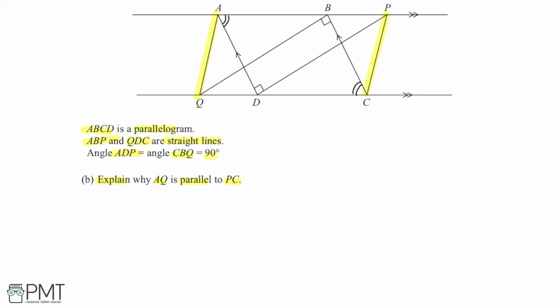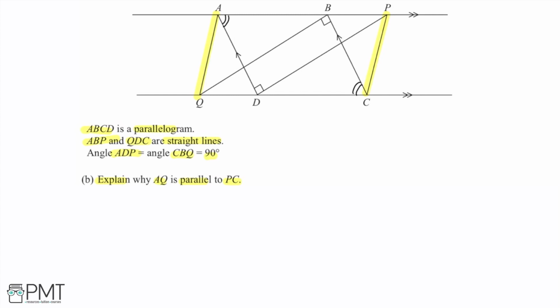Now looking at this shape that we have here, AQ and PC, if we were to take this shape APCQ, linking these two sides that we're interested in together, if we could prove that this were a parallelogram, we'd be able to show that these two sides are in fact parallel, which is what we want to explain.